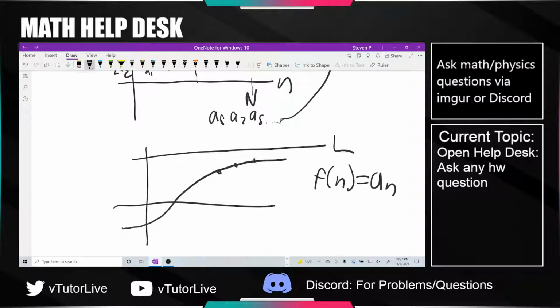It's basically a sampling of the points on this function at every integer value of x. If you already knew that the function was approaching the limit L, then these dots, a1, a2, a3, and so on, also have to approach L. Does that make sense? This should feel pretty intuitive.